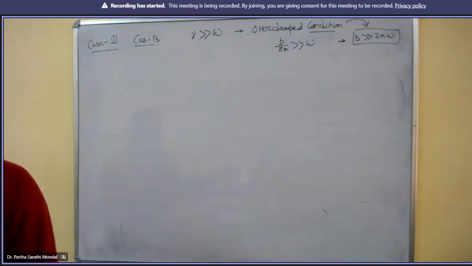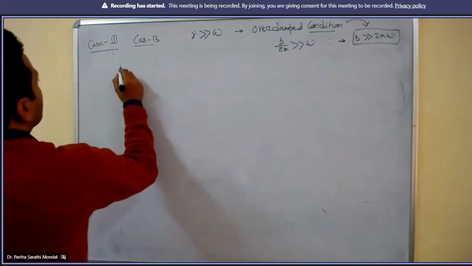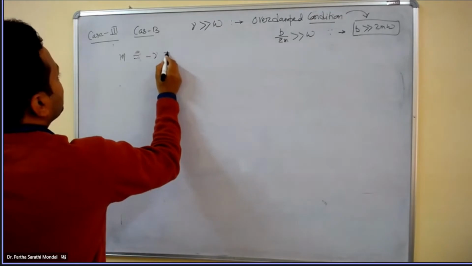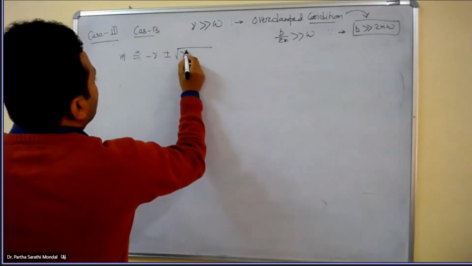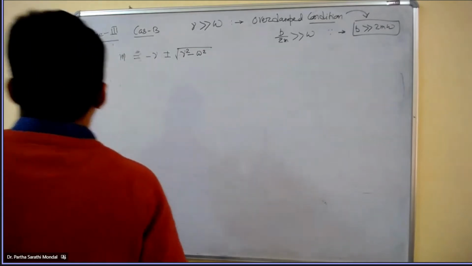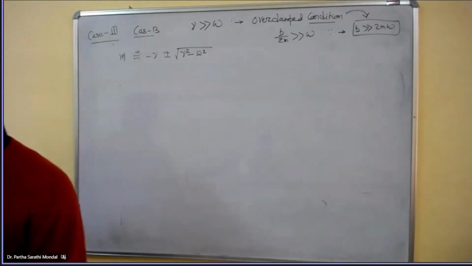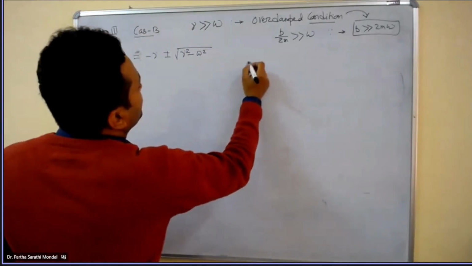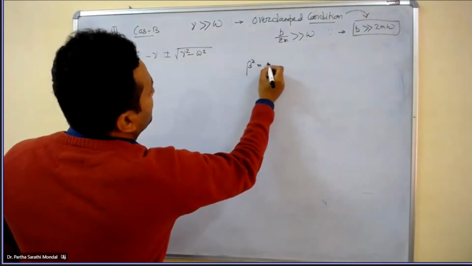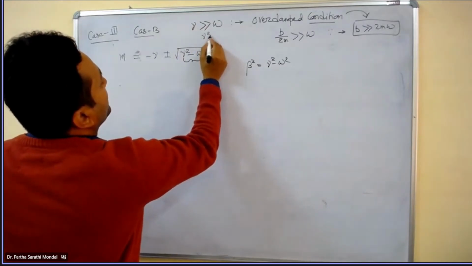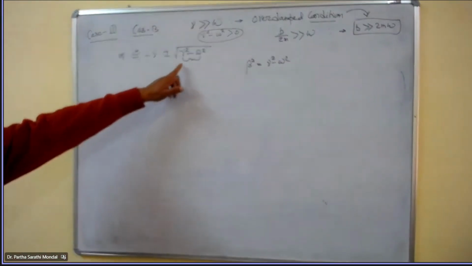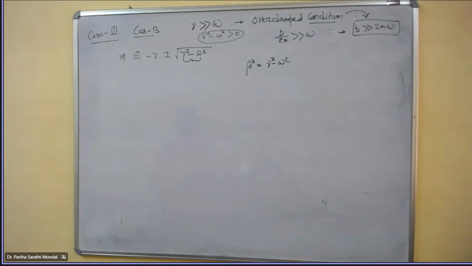So now again it's very easy. Your a, we know, is minus gamma plus or minus the square root of gamma square minus omega square. So this is your a. Now we can consider beta square equal to gamma square minus omega square. This is a positive quantity, that means gamma square minus omega square is greater than 0, so there is no problem keeping it as it is.